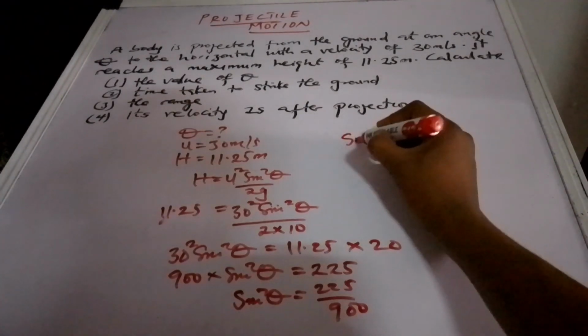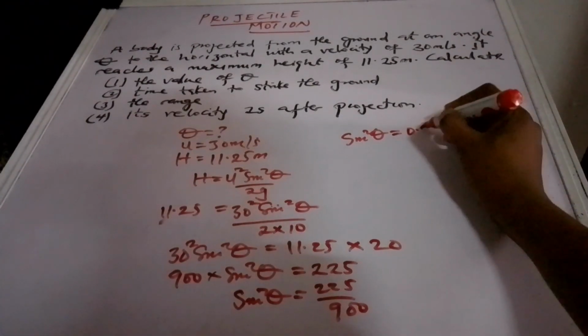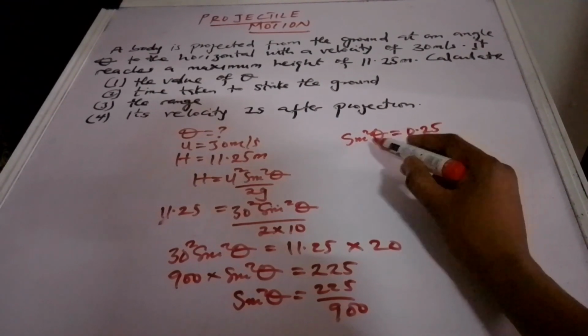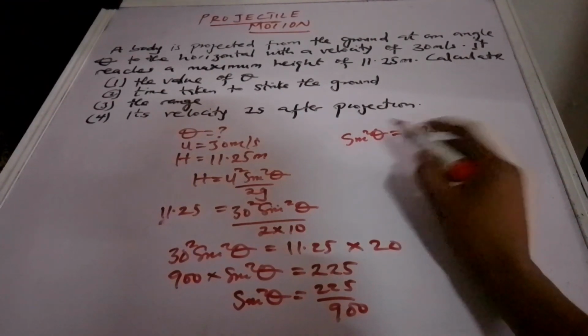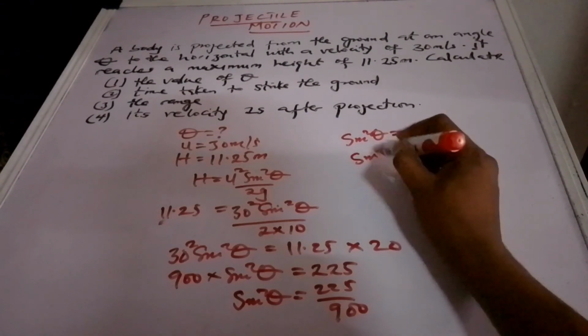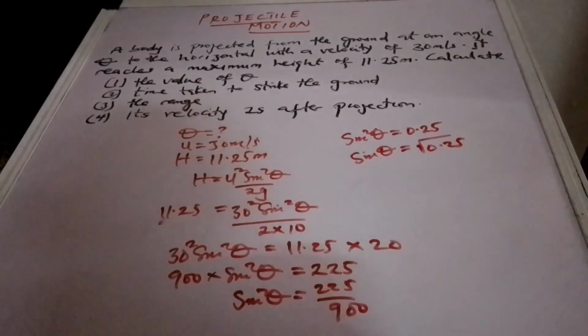So what is 225 over 900? 225 divided by 900 gives us 0.25. So sine squared theta is 0.25. If sine squared theta is 0.25, let's square root both sides. The square root of both sides will remove the square. So sine theta will now be the square root of 0.25.